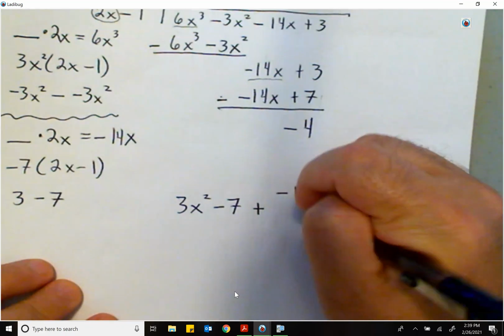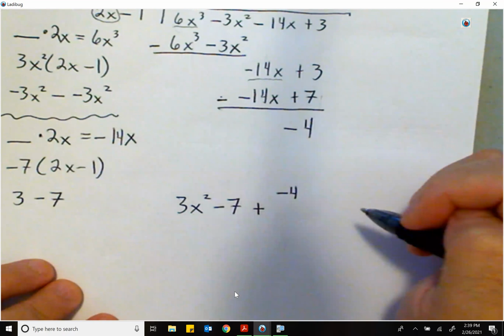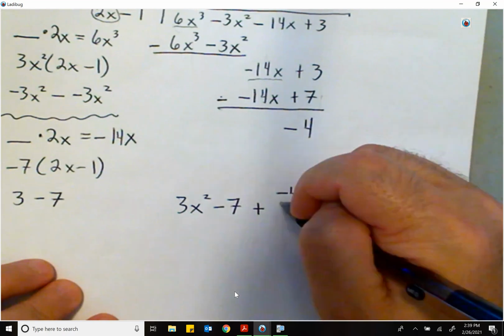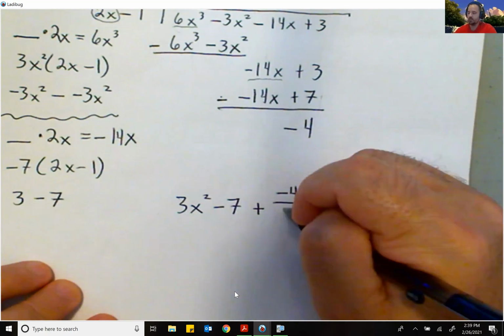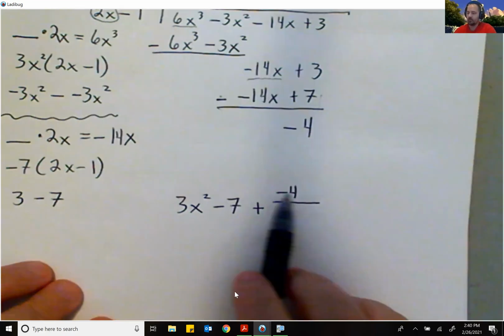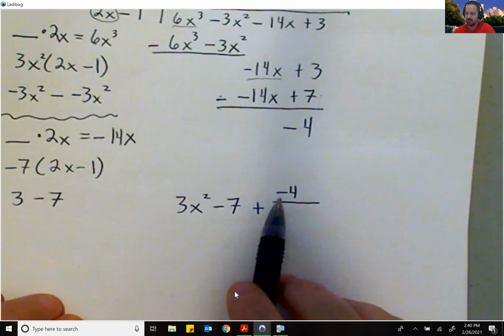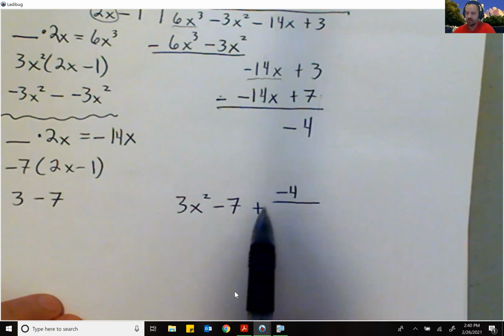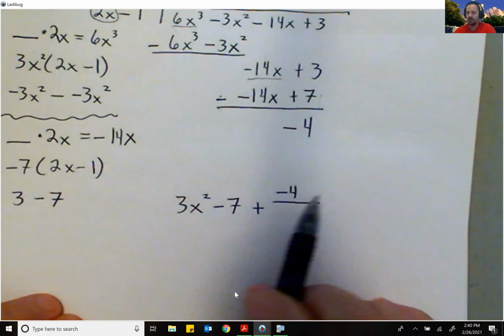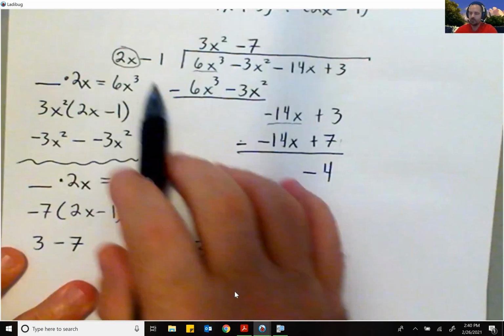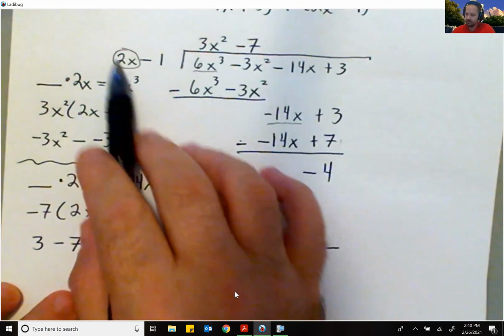So if it's a negative number, you'll put it as minus the remainder over the divisor, or you could say plus a negative, either way. And you take that remainder and you put it over what you were dividing by.